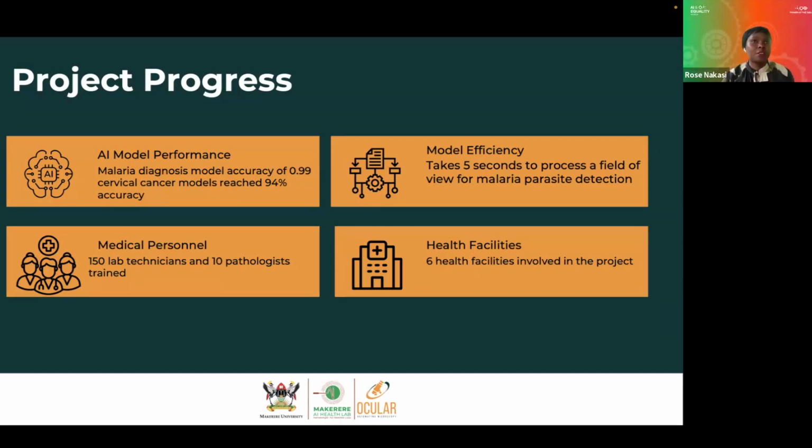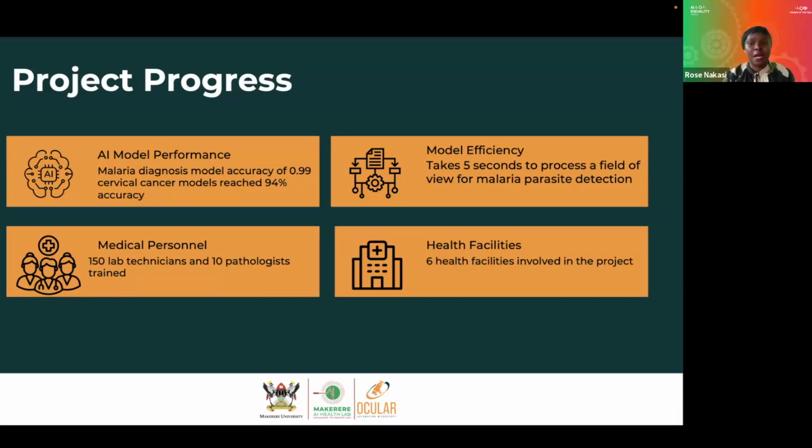For model efficiency, we've made this inference not only run on the laptop, but we're also providing local platforms on the mobile phone, so that once the image is captured on the mobile phone, it is able in real time to provide a diagnosis. And this literally takes 5 seconds to process a field of view for malaria parasite detection.